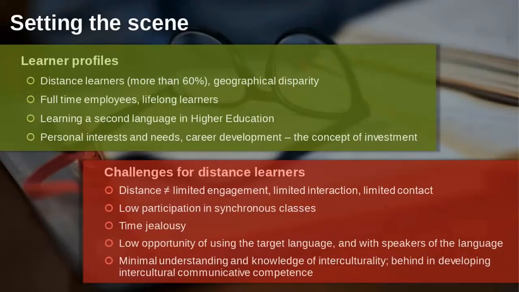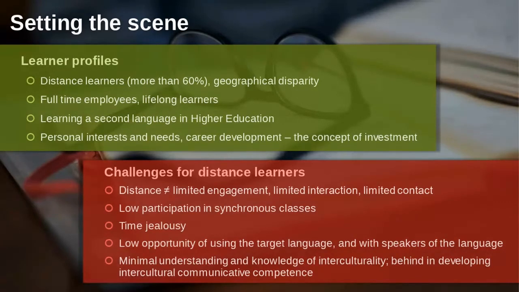So the context includes two parts, starting with learner profiles. This focuses on students who are distance learners at Massey University in New Zealand, all enrolled in the Chinese language program. This is a case study of teaching Chinese as a second language. More than 60% of the learners are distance learners.